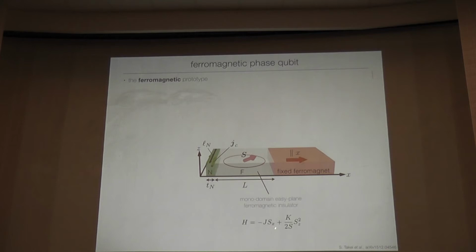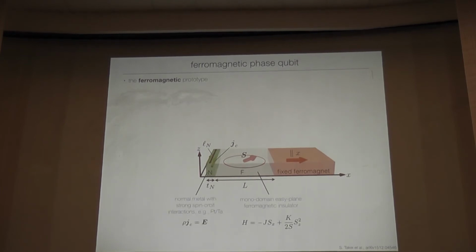We have exchange coupling of this magnet to the neighboring fixed ferromagnet. That coupling is what I call J, the inter-ferromagnet coupling. And then I have an anisotropy K, which is an easy-plane anisotropy.